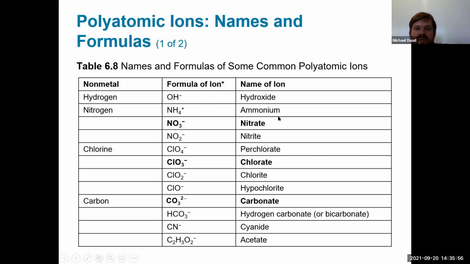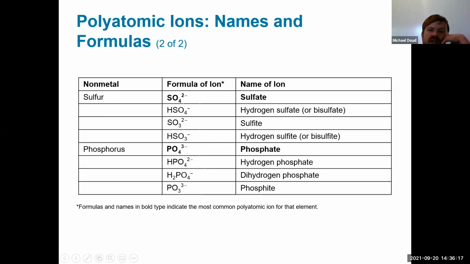Now there's some relationships that you can use that will be helpful. Note this ate and ite relationship. So nitrate is NO3 minus. Nitrite is NO2 minus. Now look at this. Chlorate, ClO3 minus. Chlorite, ClO2 minus. Sulfate, SO4 2 minus.